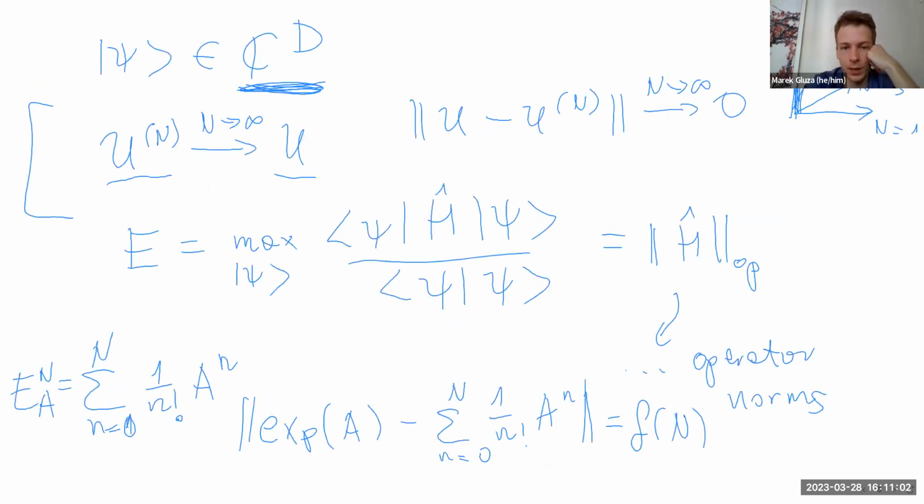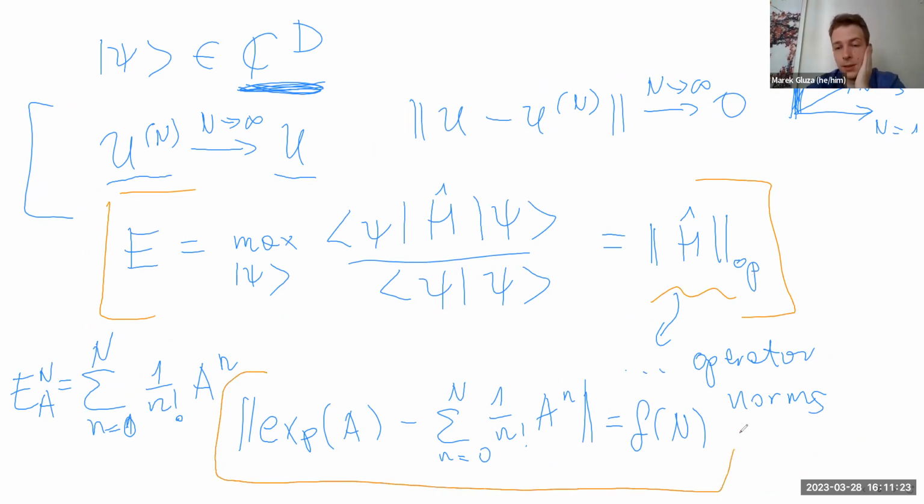Okay. So I kind of motivated now the operator norm, just starting with the variational principle and trying to find the biggest energy, eigenenergy in the system. And that becomes our operator norm here. And now I said, okay, I could look at those kind of questions here.